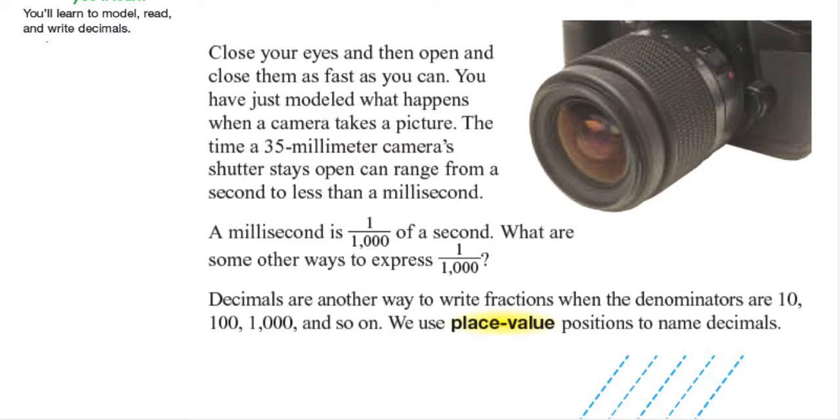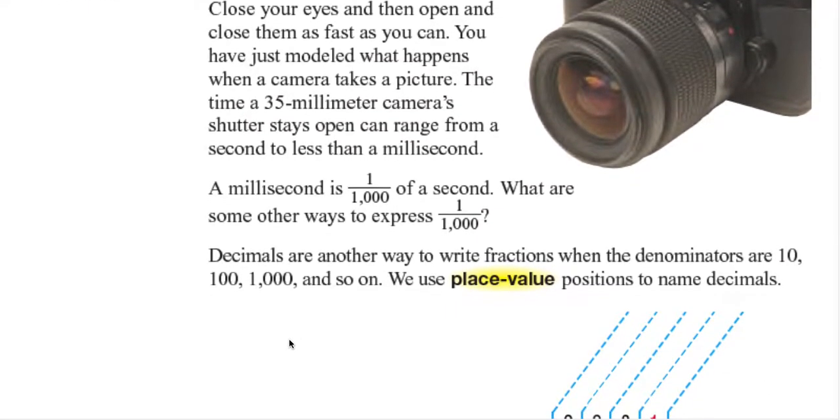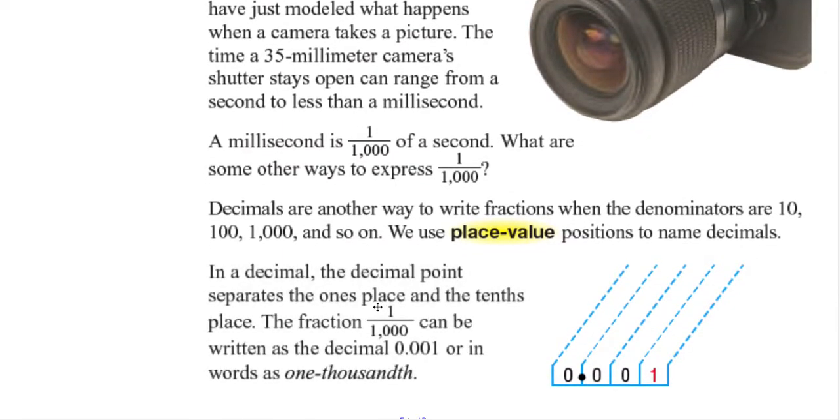Let's take a look at this chart down here. In a decimal, the decimal point separates the ones place and the tenths place. The fraction 1/1000 can be written as the decimal 0.001, or in words, one thousandth.